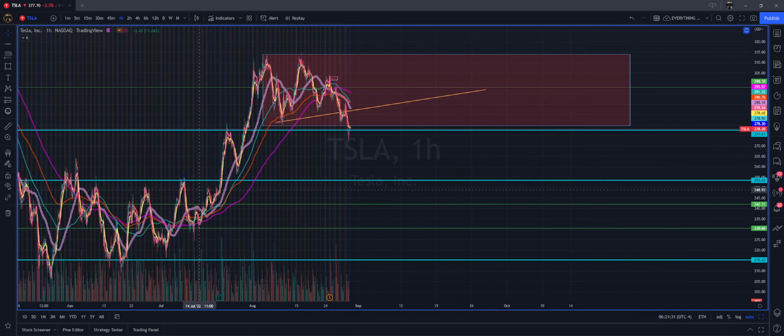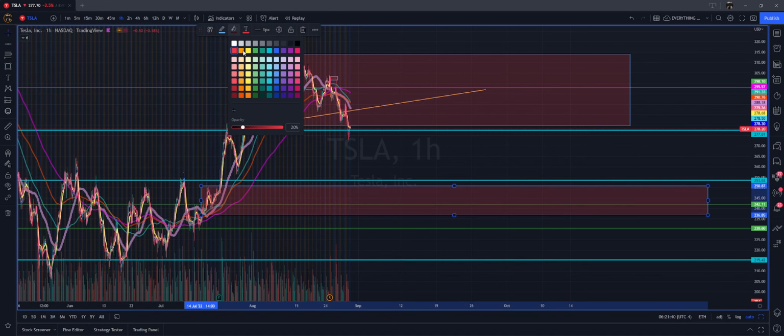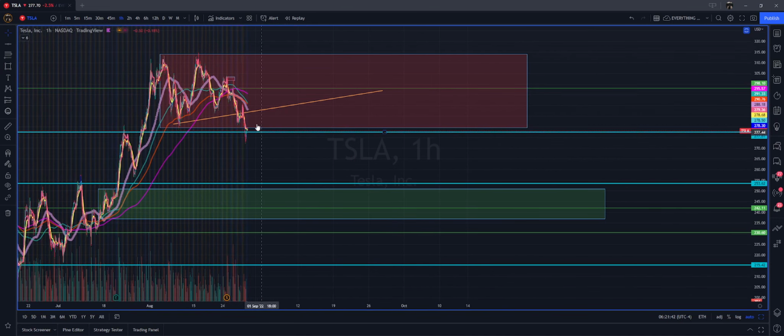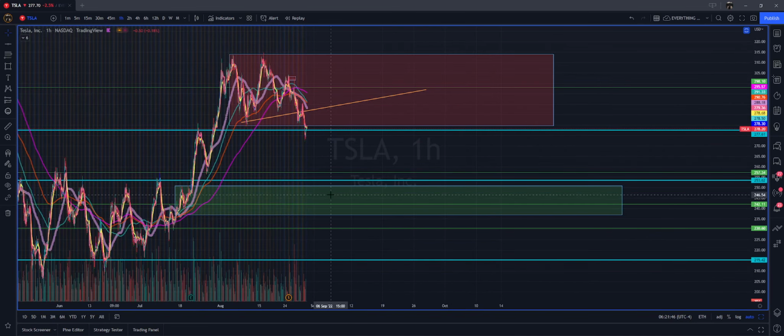Then focus on the demand zone. I think it might be this one, these last two. So on Tesla, I think we might dip down to the demand zone, or maybe to the key level.